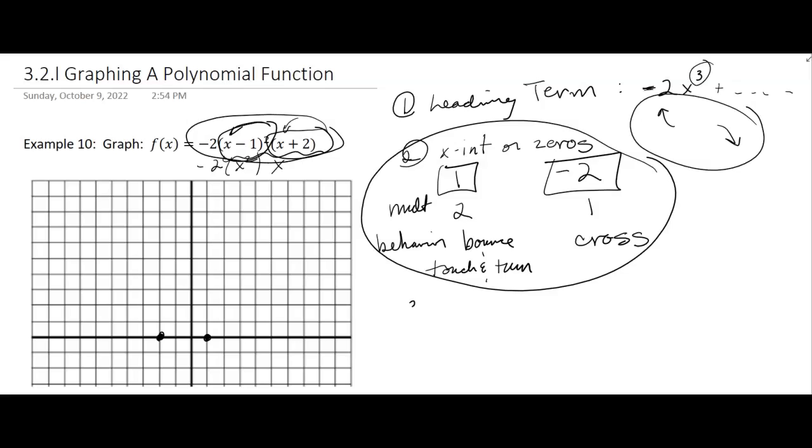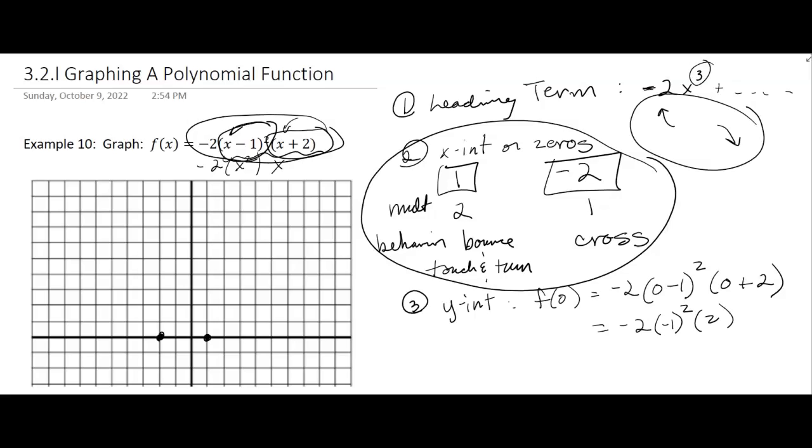Now I want to know the y-intercept. To find the y-intercept, I've got to find f of 0. So I'm going to plug in 0: -2 times 0 minus 1 squared times 0 plus 2. That's going to be -1 squared, and this is going to be 2.